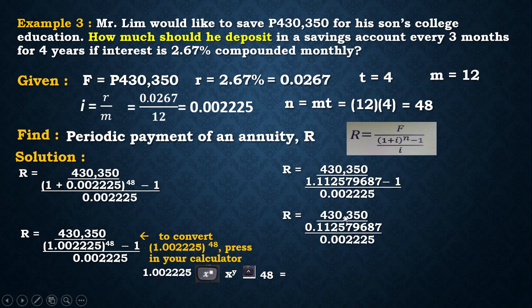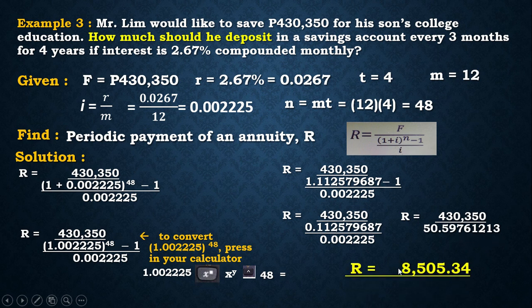Ang F po natin ay mananatili pa rin na 430,350. So, ang gagawin natin, 0.112579687 divided by 0.002225, that is equal to 50.59761213. So, dinivide po natin ito, itong part na to, ito po ang nangyari.